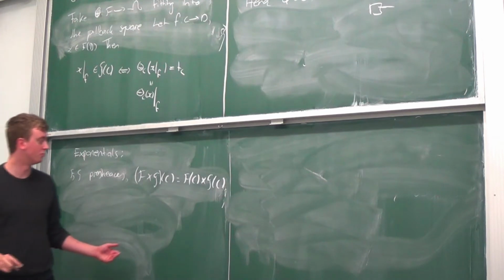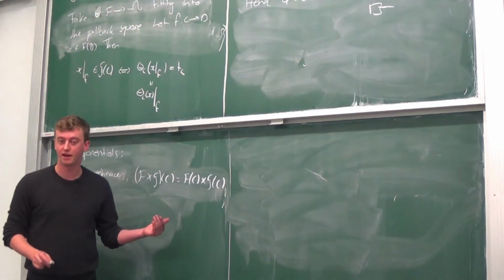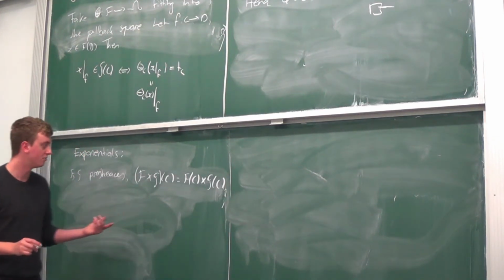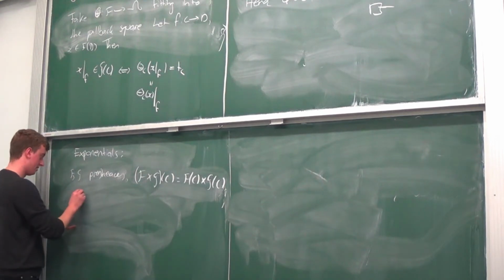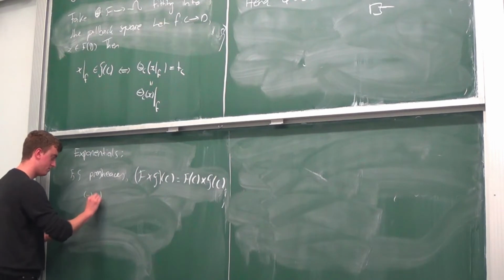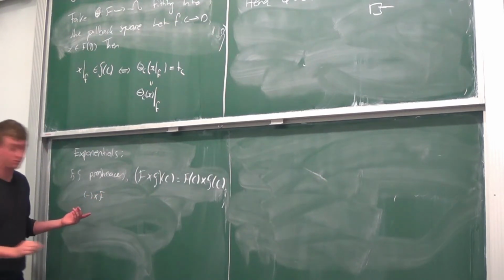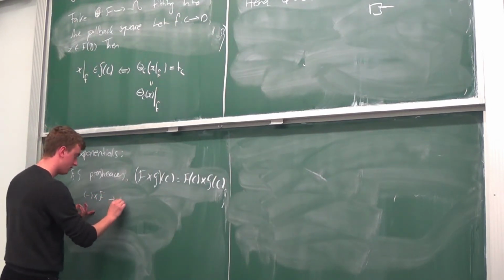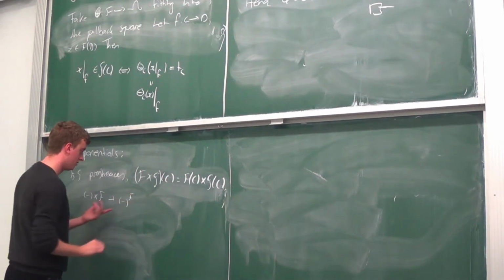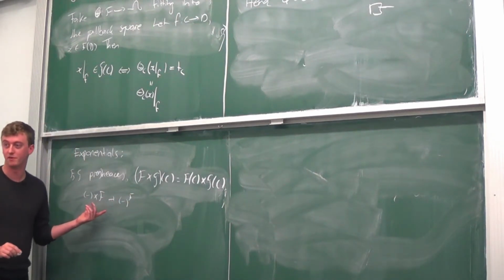Now, to find an exponential, we want to find a right adjoint to the functor, right, so we want our exponential to satisfy this property. It's going to be a right adjoint.